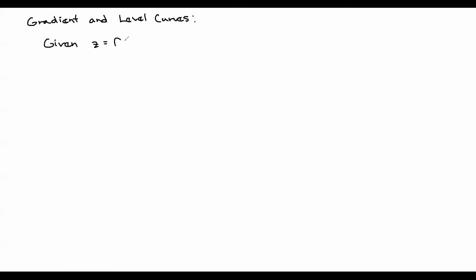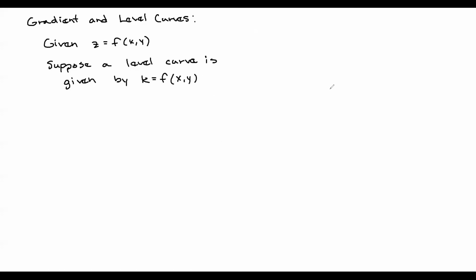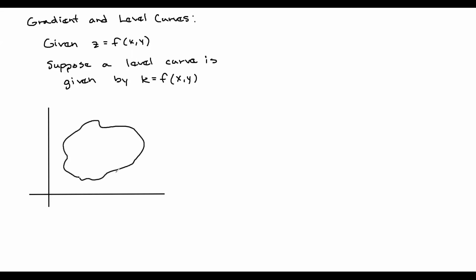So we've got a function, and we go through and find a level curve. If we put those together, we get some level curve. Let's just draw it. So that's our level curve, right? This is k equals f of x comma y.